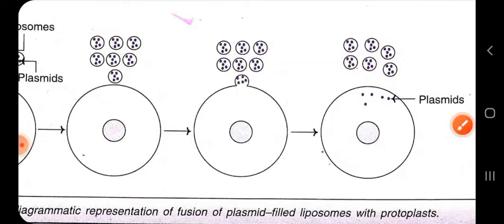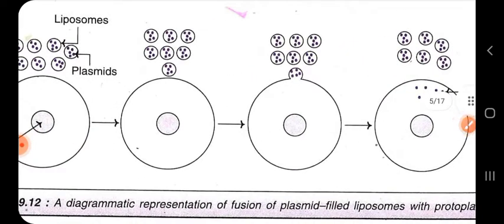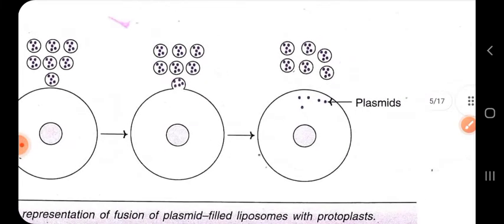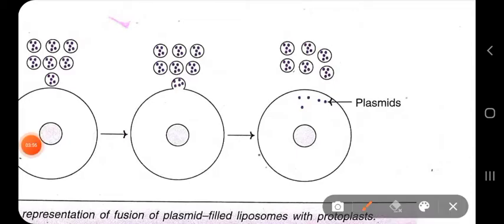In the presence of polyethylene glycol at suitable concentration, you can increase the efficiency of gene transfer, and the genes can be properly introduced within the cell. Now, genes are not given directly, we have to construct plasmids, because genes are unstable, right?